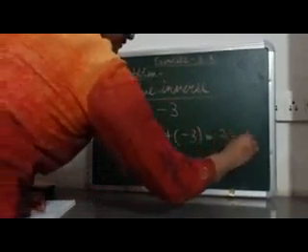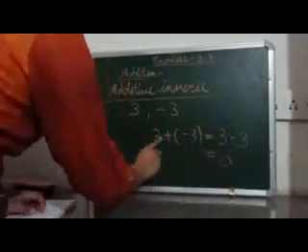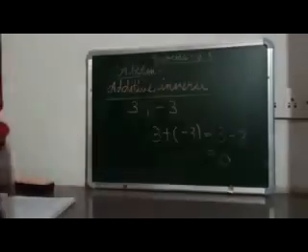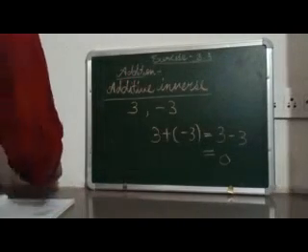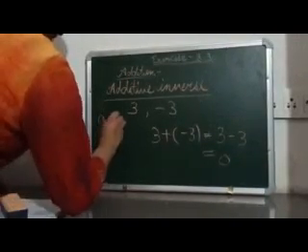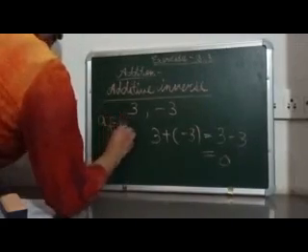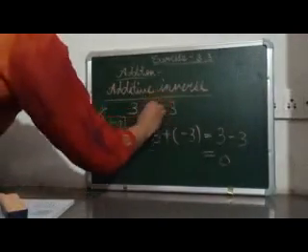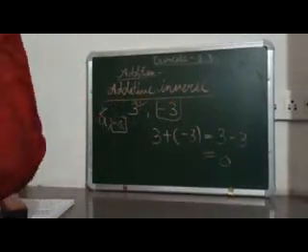So 3 minus 3, this is 0. That means the sum of the integer and its opposite is 0. So we can say that if we are having a and minus a, then minus a is the additive inverse of a. Like here, minus 3 is the additive inverse of 3.